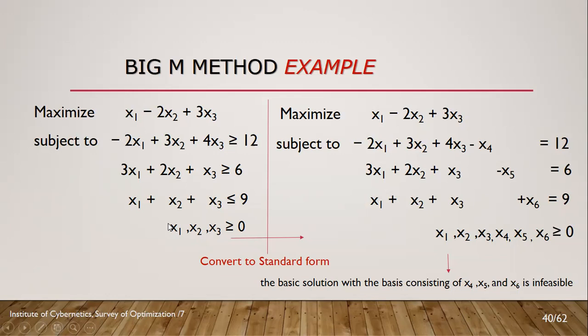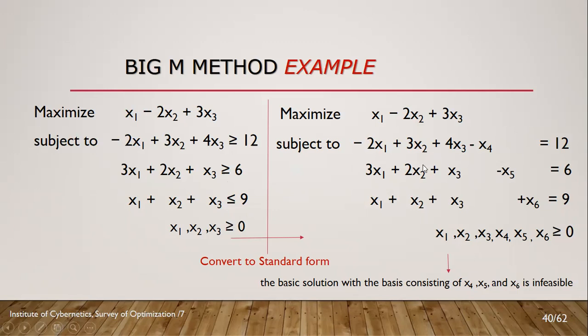So again, at step 1, as was said before, we subtract excess variables for the constraints which contain the greater than or equal relationship, and add a slack variable for the constraint where we have the less than or equal relationship.